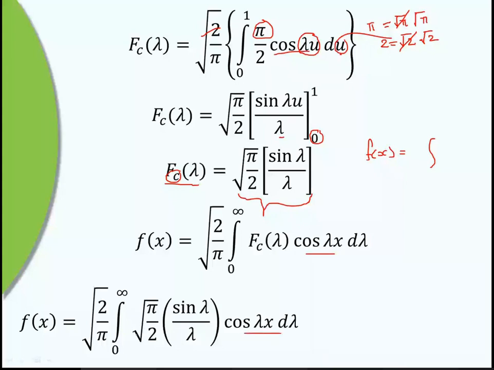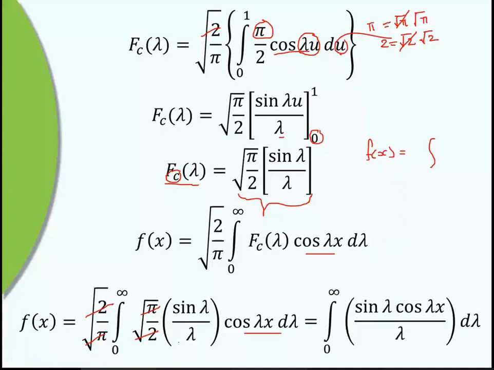Now this root pi gets cancelled with this root pi, root 2 gets cancelled with this root 2, and then simplifying it gives us the term integral 0 to infinity sine lambda into cos lambda x divided by lambda d lambda. And this is nothing but the integration which we want to find, the left hand side of the equation.